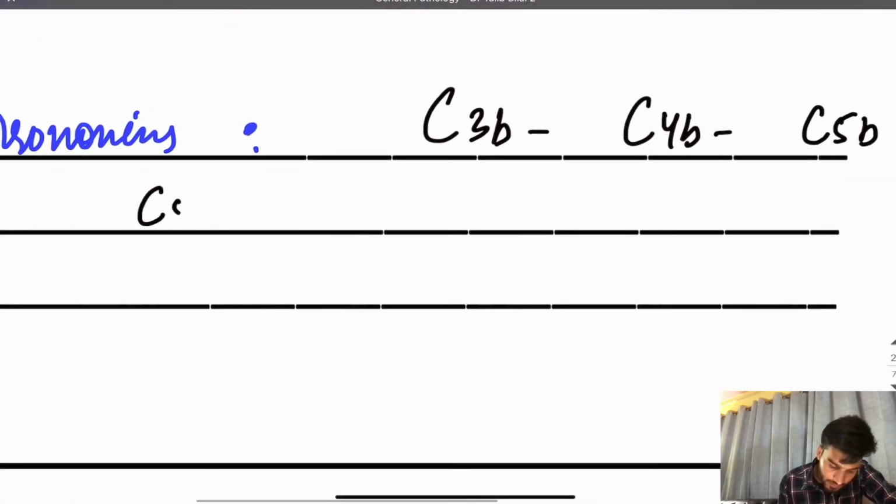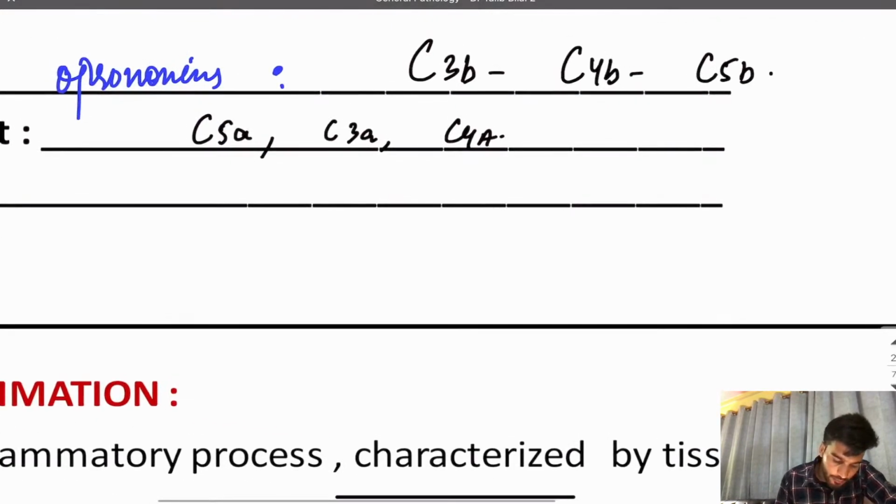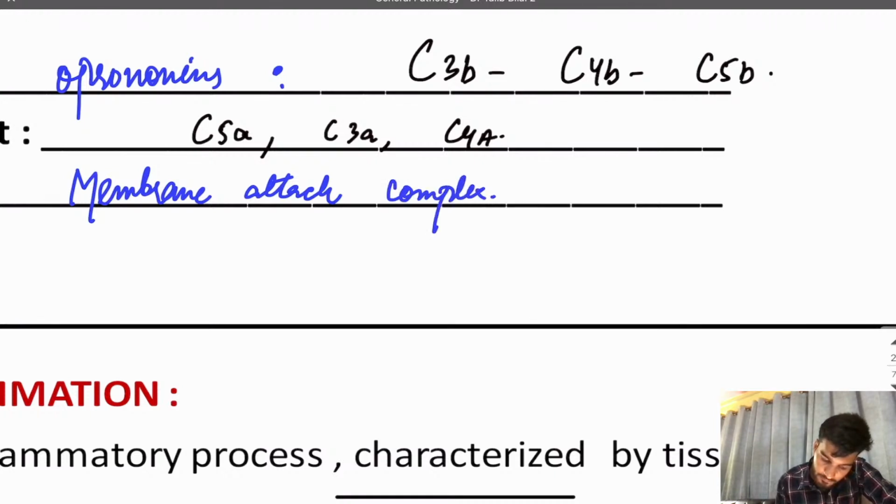We have C5a, C3a, and C4a. And cell lysis with the help of the membrane attack complex, guys, C5 to C9, that is C5, C6, C7, C8, C9.